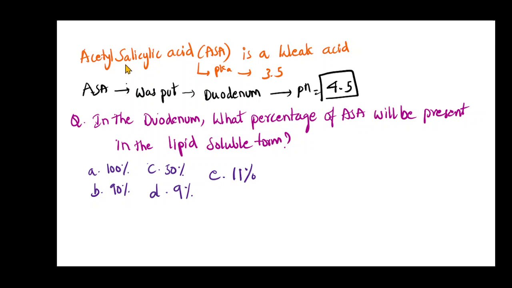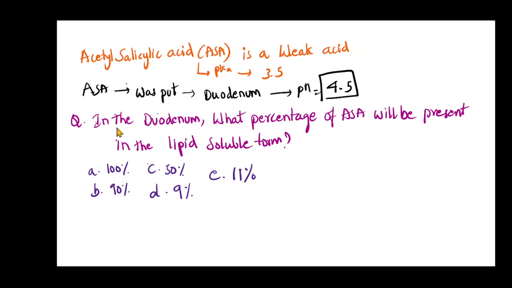For example, let's understand with a second example. Acetylsalicylic acid. It is a weak acid, and it has a pKa. pKa is always constant. I take an aspirin drug and drop it in the duodenum, which is the small intestine, having a pH value of 4.5.